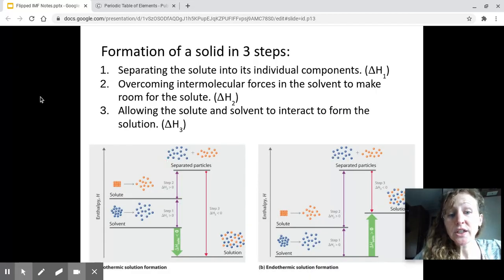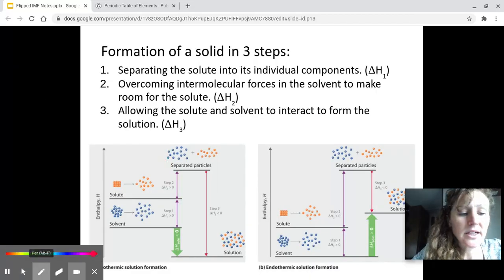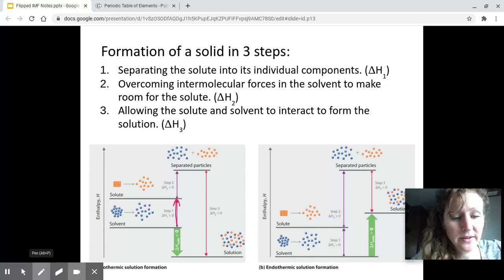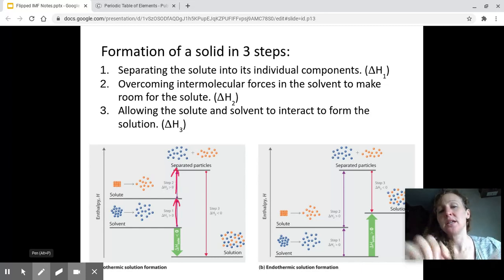Okay, so if we look at this, here it is on a molecular level. In this first graph, they have step 1 is separating the solvent. That would be making space inside our water. They have step 2 as separating their solute into individual components.